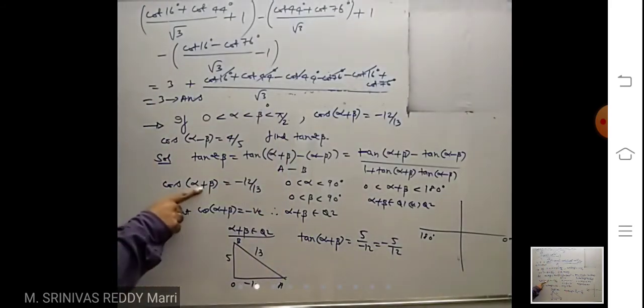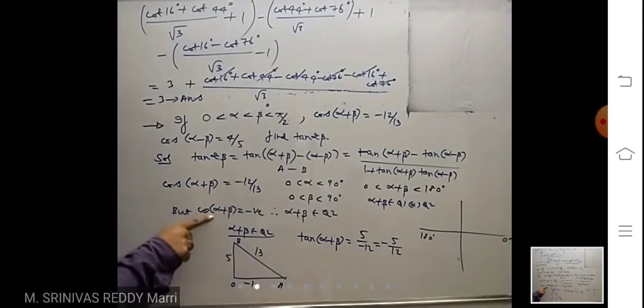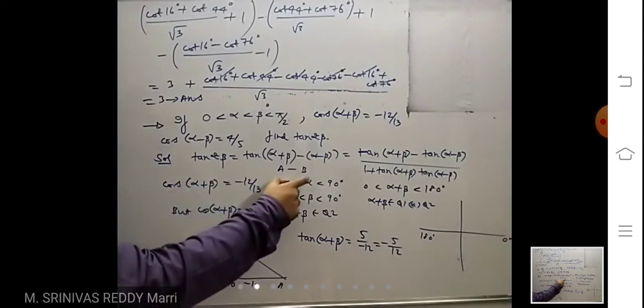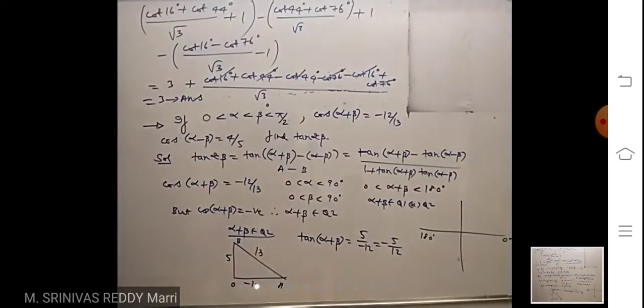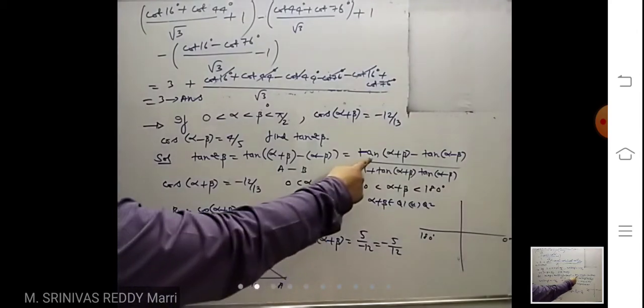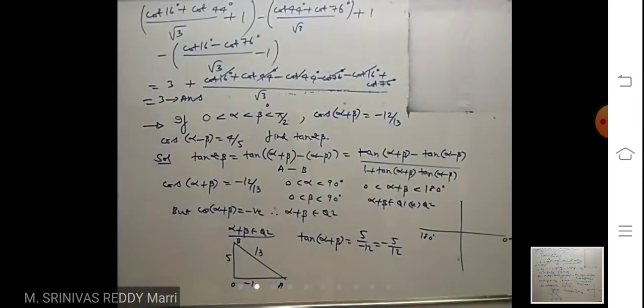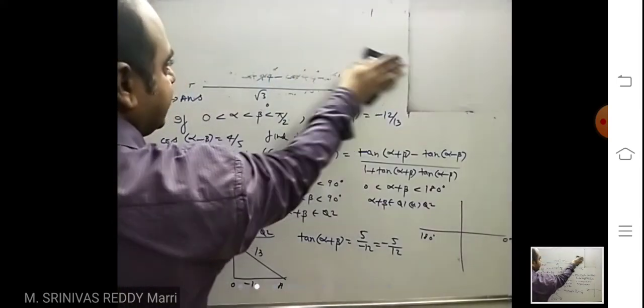Cos theta you know. For calculating tan theta, you must know where alpha plus beta lies. This is the approach. Now, tan of alpha plus beta you got. Tan of alpha minus beta you have to calculate.